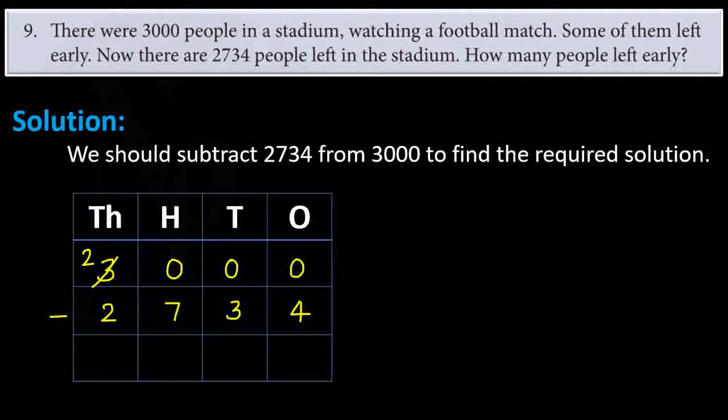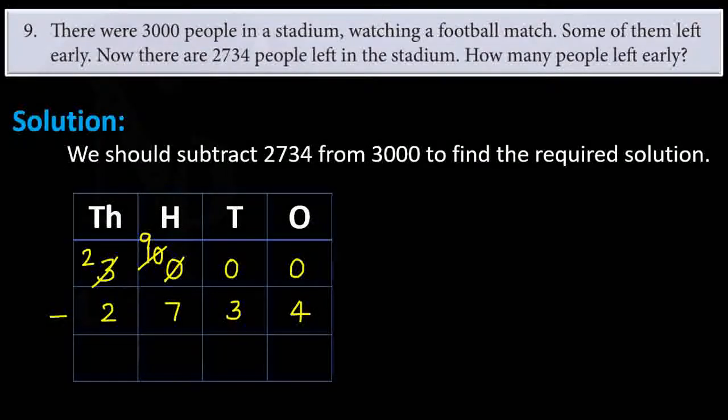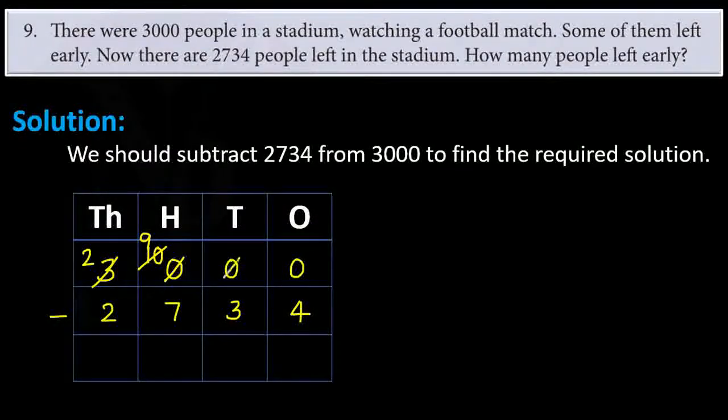So we can write this as 10 hundreds. Again to borrow to the tens place, this 10 hundreds will make it 9 hundreds, and we will bring 100 to the tens place. It becomes 10 tens.